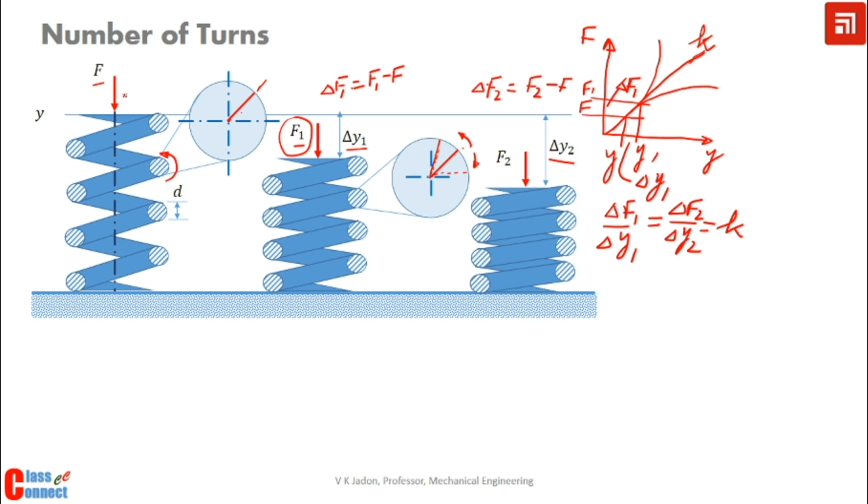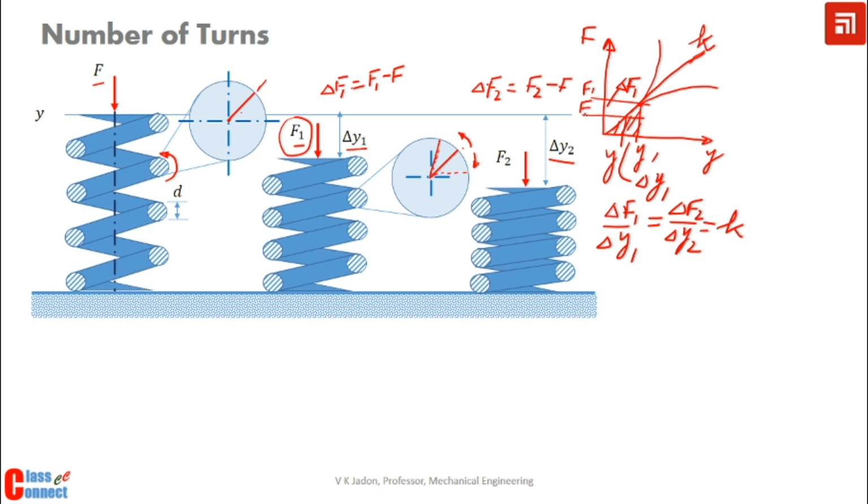This representation shows that when we apply force on the spring, some work is to be done, because it is moving through some distance, and we can get the work done by calculating the area under the curve. If we want to know how much is the work done up to F1, then this total area is to be obtained.